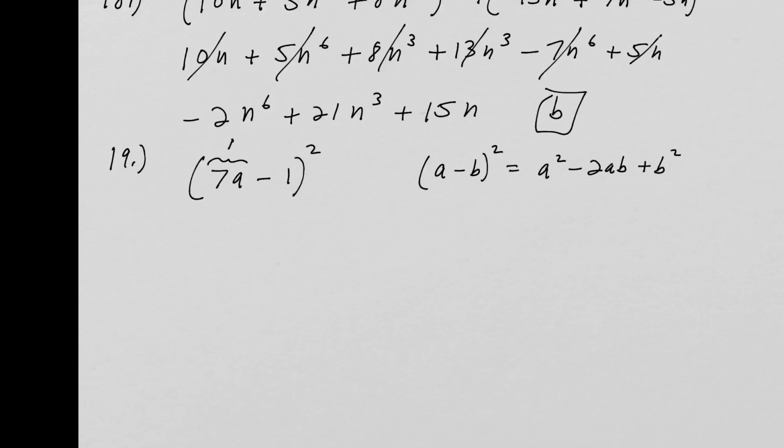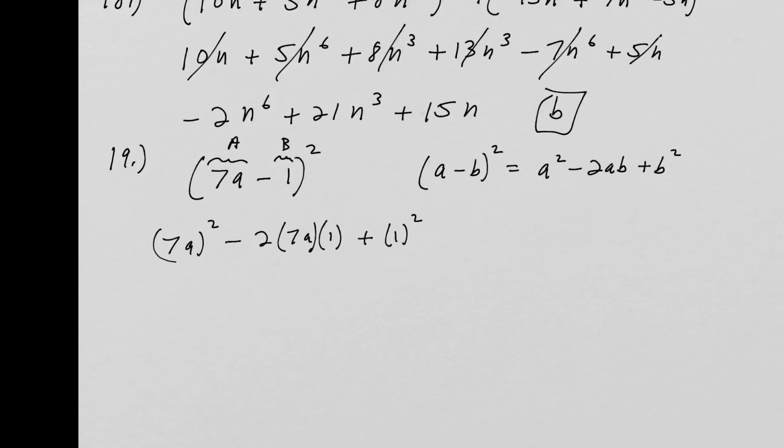Maybe we should call it something different, but I'll call it large A, and then 1 is like our large B. Okay, so if I use this special product rule, the answer has got to be large A squared, so that's (7a) squared, minus 2 times 7a times b, which is 1, and then plus 1 squared, right?